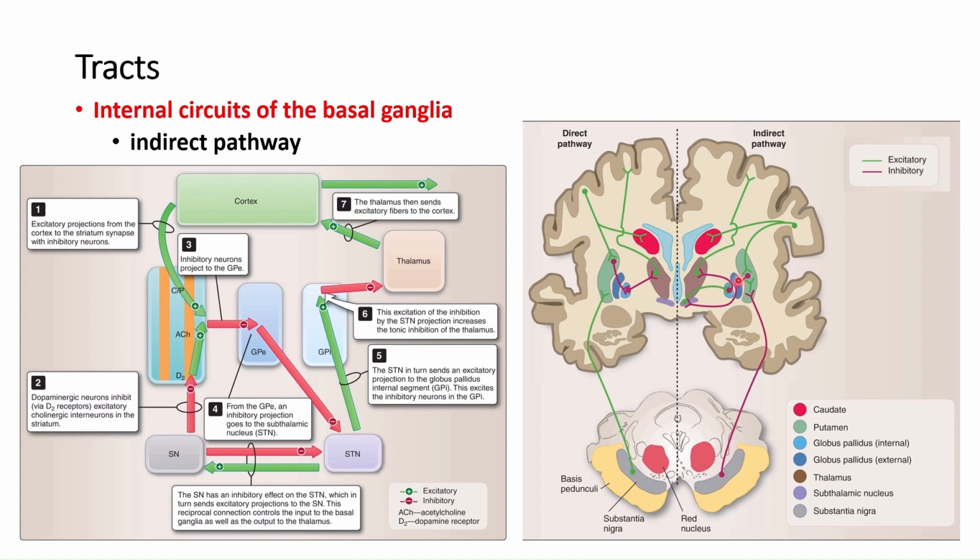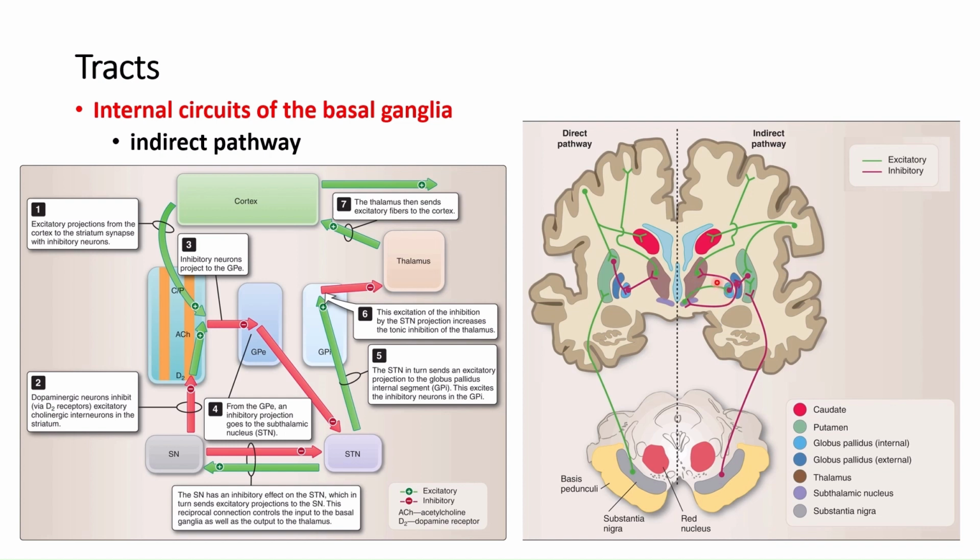Now, the external part of the globus pallidus sends signal to the subthalamic nucleus, and then the subthalamic nucleus sends excitatory neurons to the internal part of the globus pallidus. And then the globus pallidus sends inhibitory neurons to the thalamus.